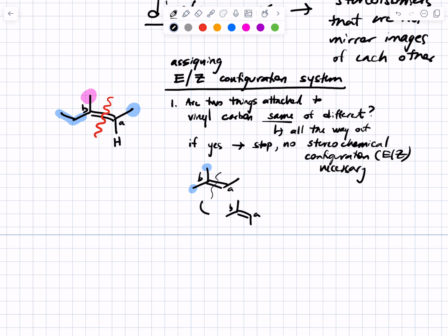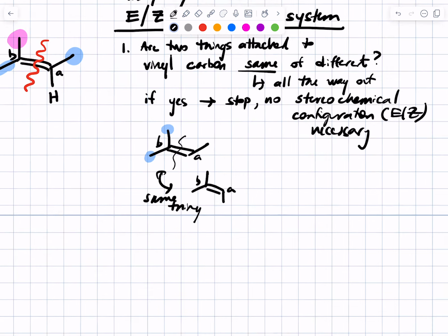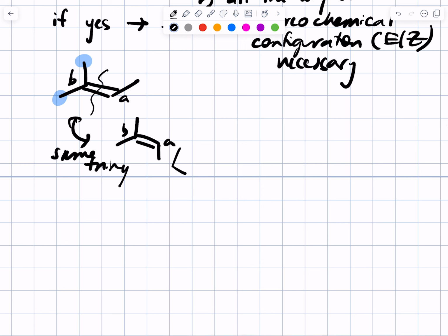Those two are actually the same thing. Can you convince yourself that they're the same thing? Let me give you a hint if you can't. Slide your molecular spatula underneath this molecule like a pancake and then flip it over like that. And it's the same thing. Questions about how to see that?